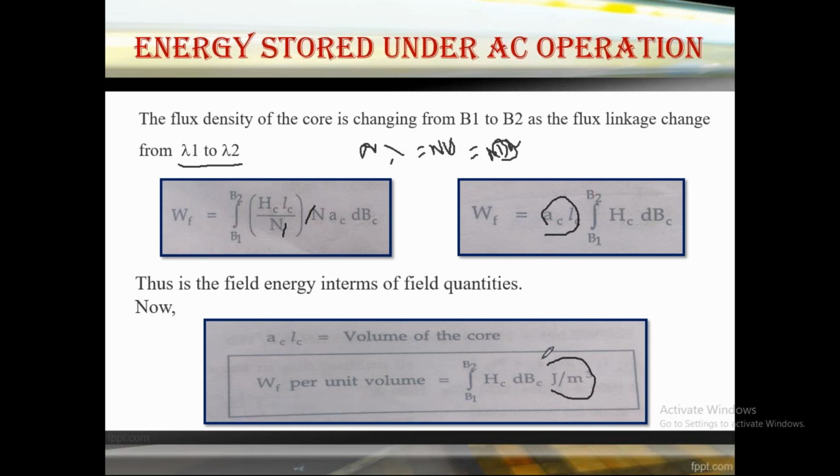So this is the unit of work done or energy. Here we have J by M cubed. What is the meaning of J? Joules, so joules by cubic meter, units of energy, right?